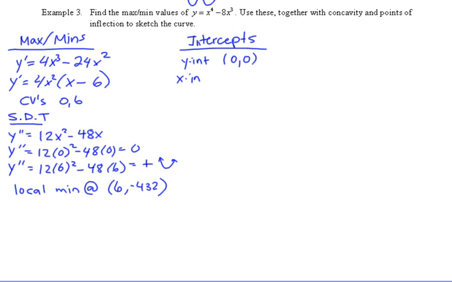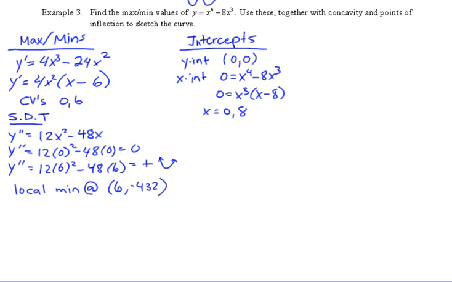X-intercept, what can we factor out? x cubed, we get x minus 8, so therefore we get 0 and 8. Okay, so we have that done.